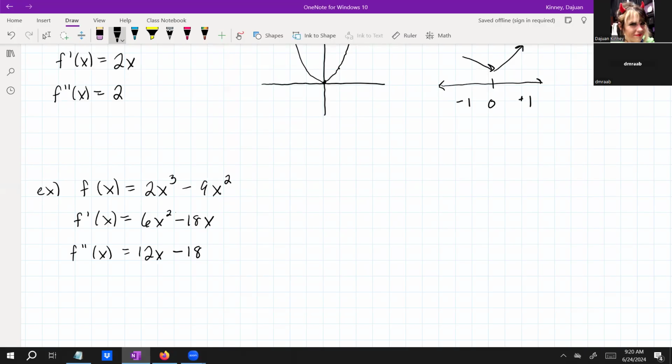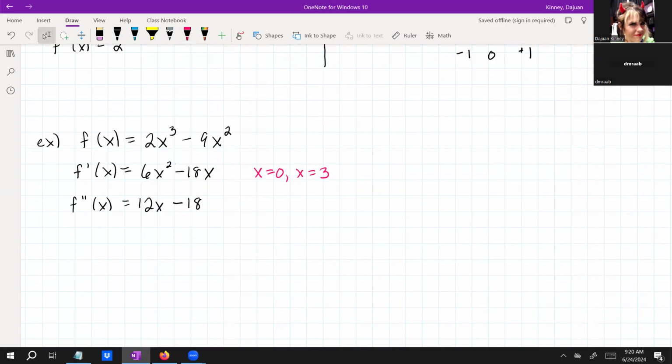So if you recall last section, we get x equals 0, x equals 3 were our two critical values for the first derivative. Feel free to solve that if you need to. For our second derivative, I'm actually going to write it out. We're only going to have one critical value here.